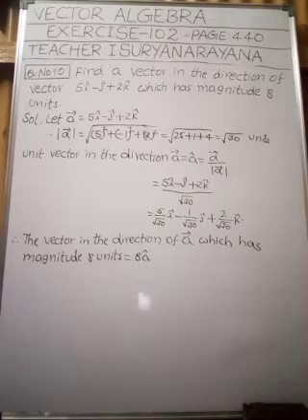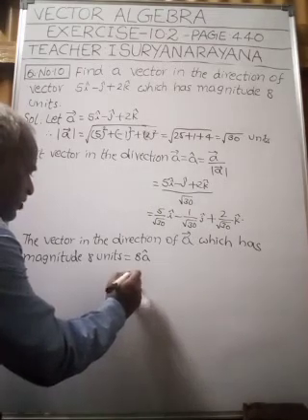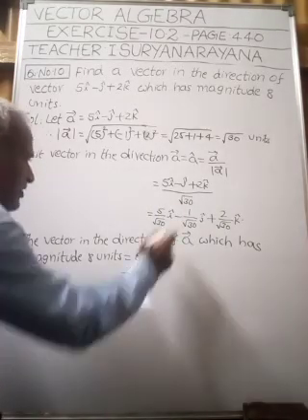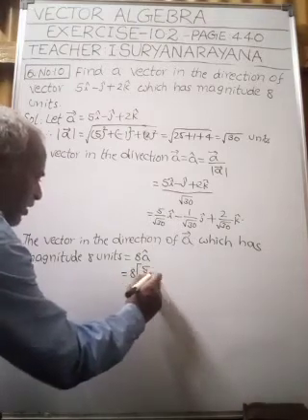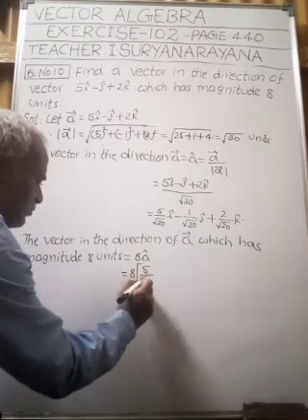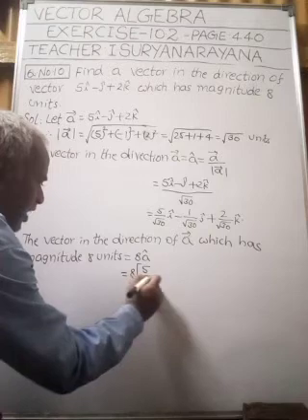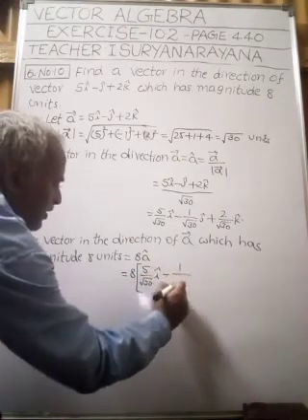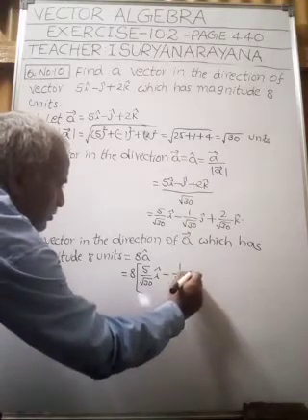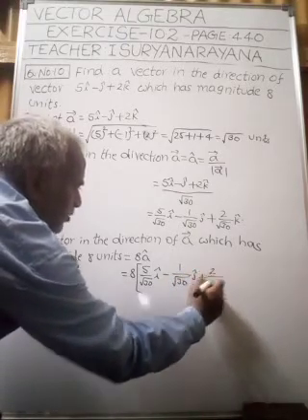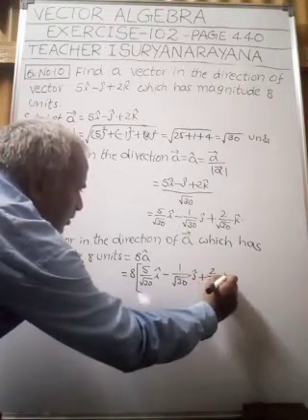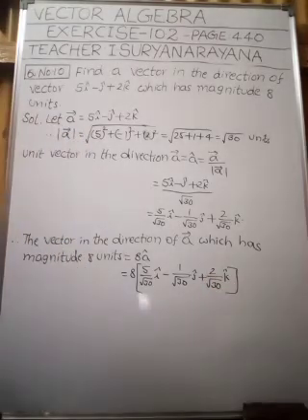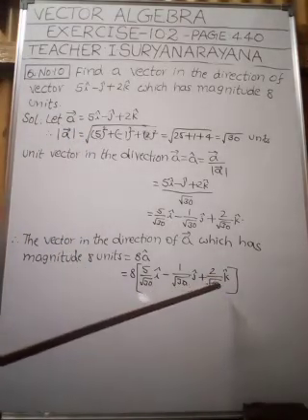Similarly here we use the same concept. So 8 into what is A cap? 5 by root 30 i cap minus 1 by root 30 j cap plus 2 by root 30 k cap. Understood this step, my children?